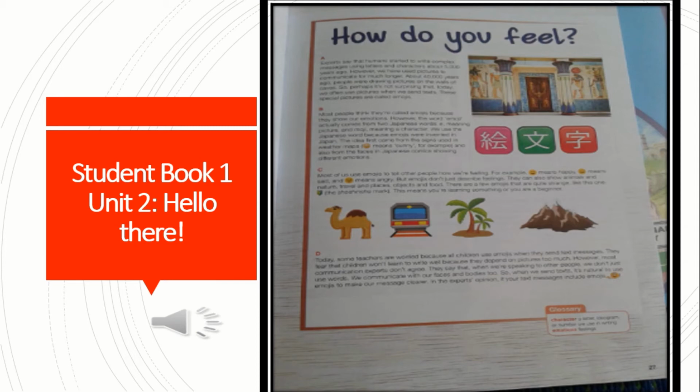They can also show animals and nature, travel and places, objects and food. There are some emojis that are quite strange, like this one, the Shoshinsha mark. This means you're learning something, or you are a beginner.